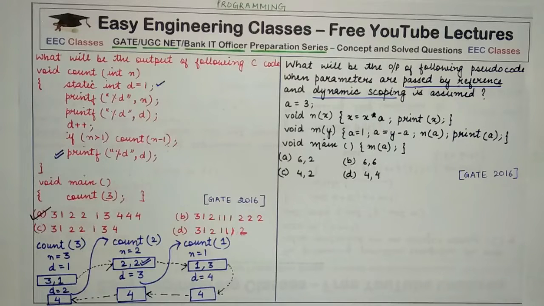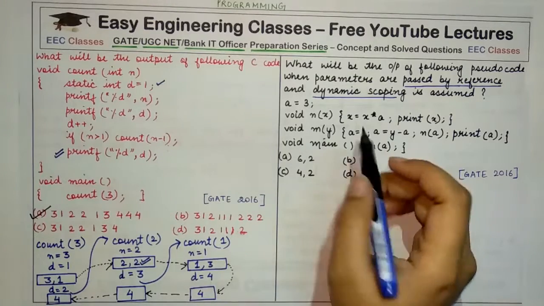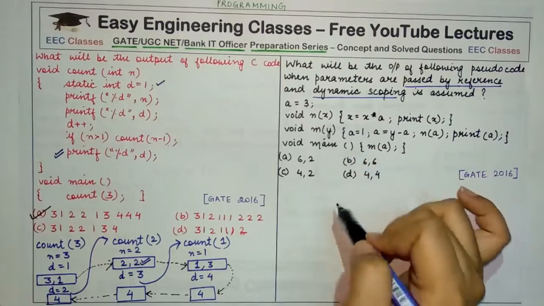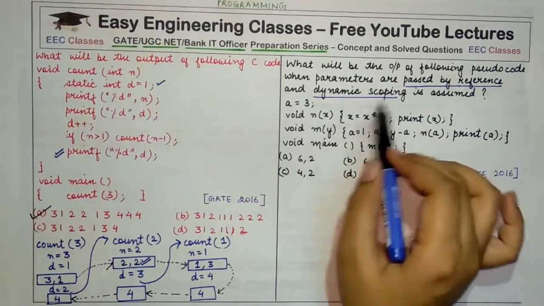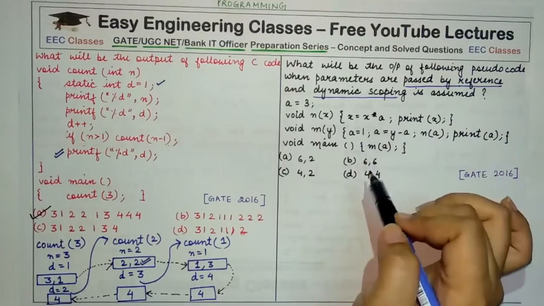If the calling function has that variable and its value, then the called function would use this memory location of the variable and the value itself. Otherwise, we'll keep moving up in the hierarchy till we reach the global scope. So the concept of dynamic scoping would be very clear in this question. Let's get started and see how both these concepts are being used here.